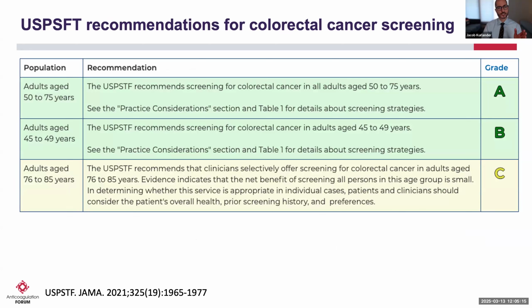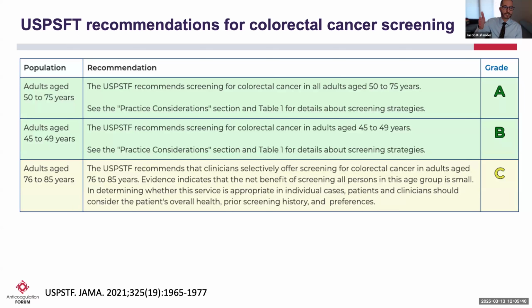This younger age is just in recent years, based on growth in colon cancers in this age group by about 40% in the past 25 years. And for patients at age 50 through age 75, we have much stronger evidence, a grade A, meaning substantial benefit that colon cancer screening provides saved life years.